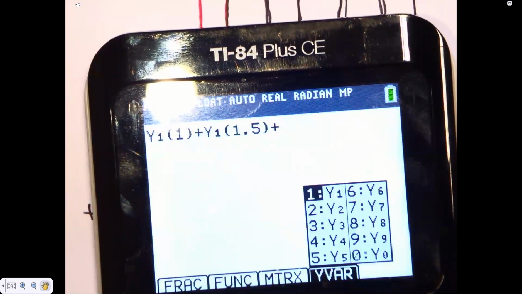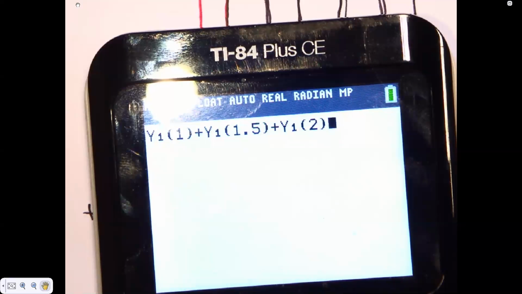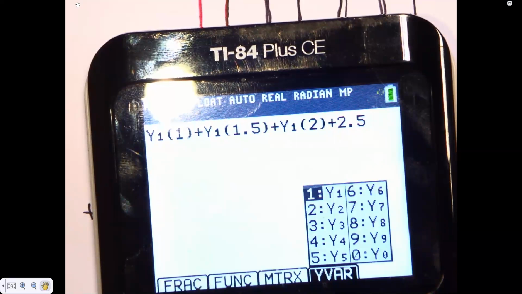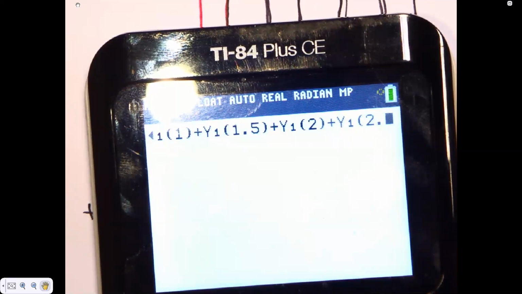y1, 2, y1, 2.5. Just put parentheses, just literally like we wrote it. Oh, yep, you're right. Thank you. There, then parentheses 2.5. Beautiful. Okay. And then I always forget where I'm at, but you can look on your notes.